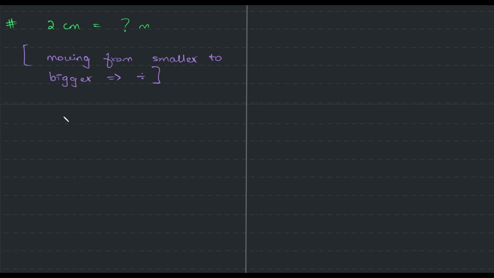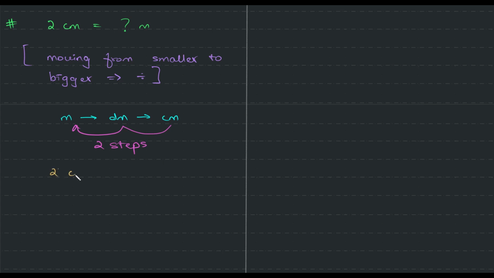Now the question is how much division? For that, let's look at it. This is meter, and then decimeter, and then centimeter. So we have 1 and 2 steps, right? 2 steps means divided by 10 into 10, that is 100.